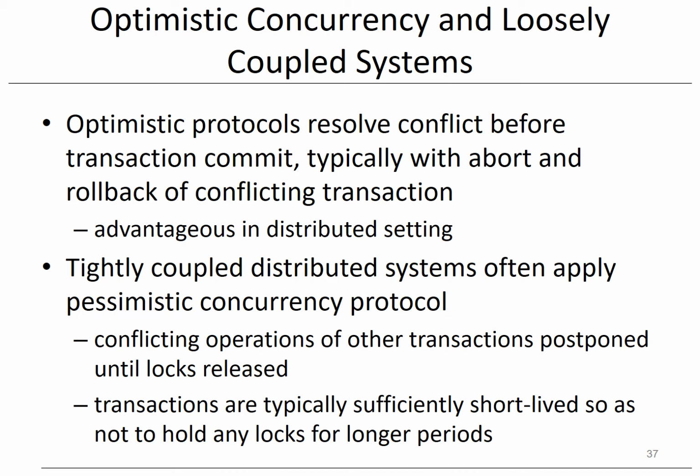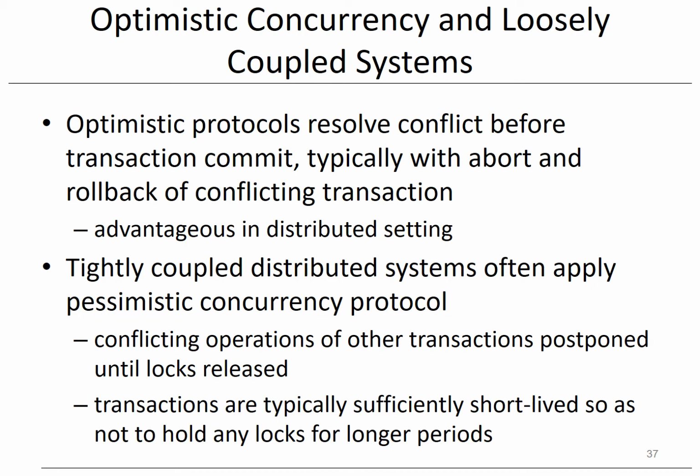Tightly coupled distributed systems often apply a pessimistic concurrency protocol, enforcing global transaction serializability by, across all participants, placing locks on the database objects that participate in the global transaction. Conflicting operations of other transactions are postponed until the locks are released.